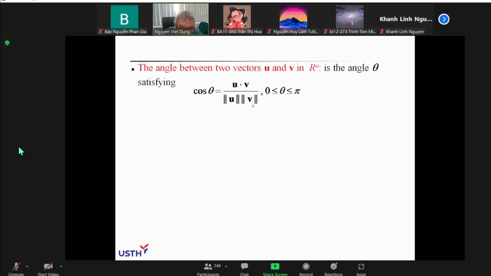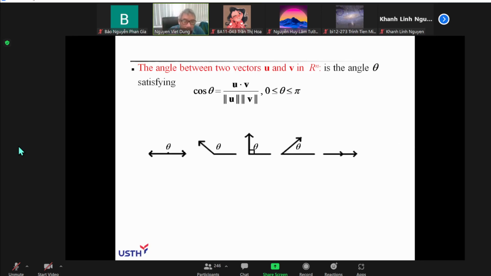And look at that. You see that we always require that the lengths of U and V are non-zero, meaning we can define the angle between two non-zero vectors. That is one remark for you.